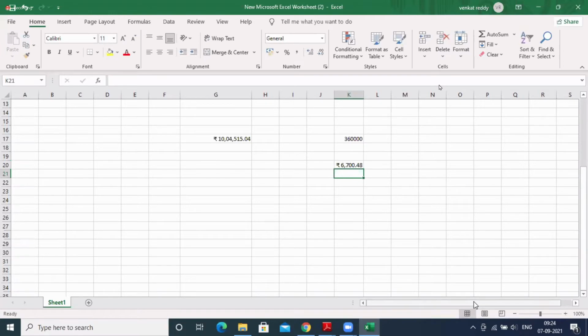The value of your 5,000 after 6 years would be 6,700.48. So this is the calculation of the future value by using the compounding concept. Any question on this?